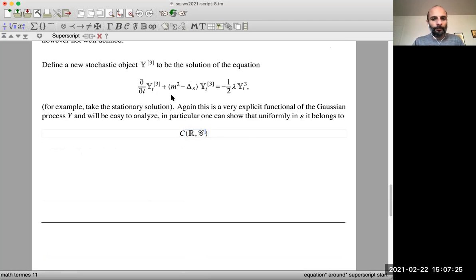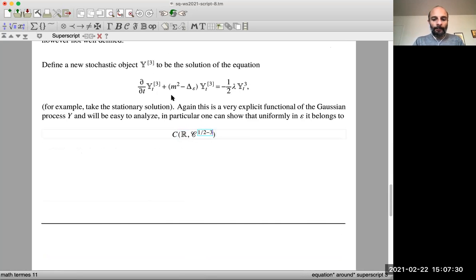Think about the heat equation. And this will become like 1/2 minus 3 kappa, if you want, on the torus.